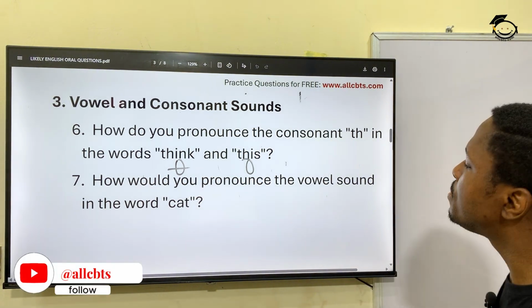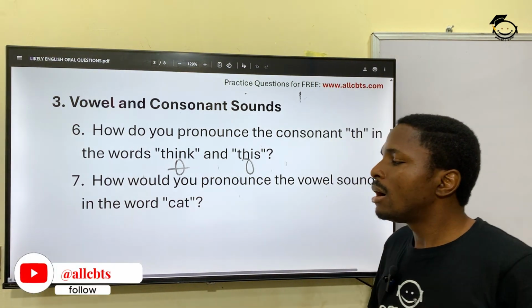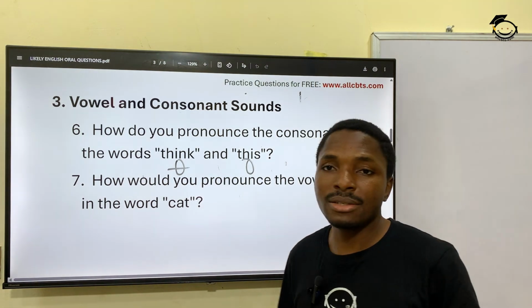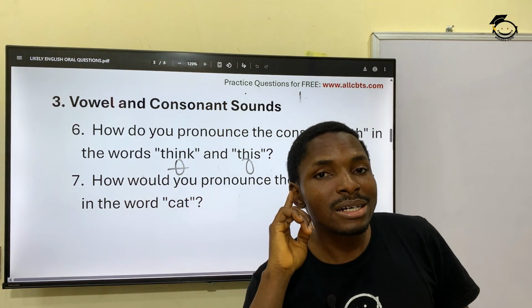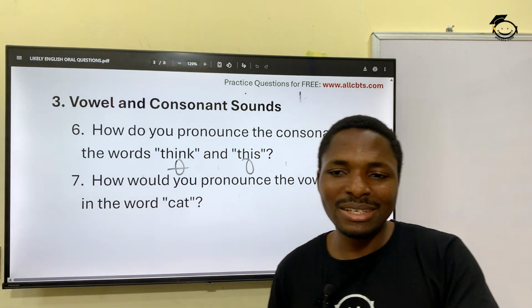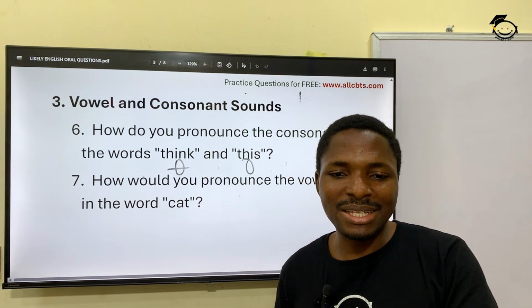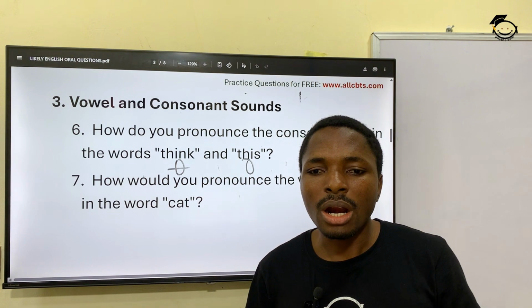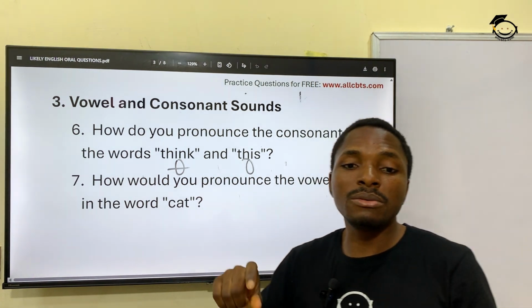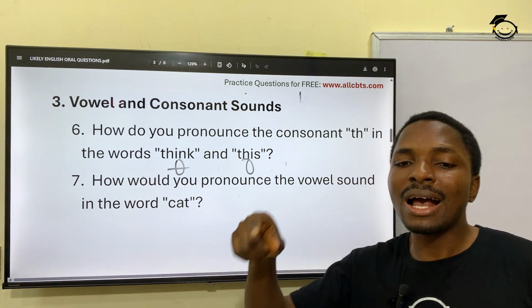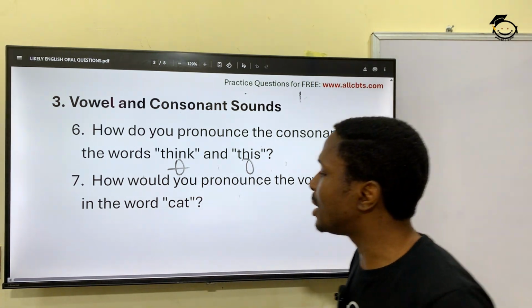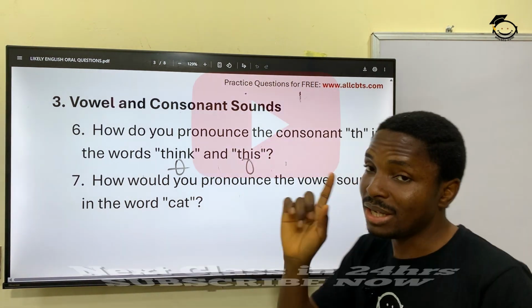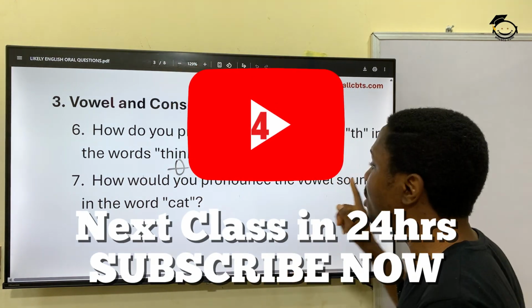Number 7, how would you pronounce the vowel sound in the word cart? Even though it starts with C, we are hearing the sound k. So how do you pronounce the word cart? The vowel sound in cart is a long R sound. Very important, the vowel, not the consonant.